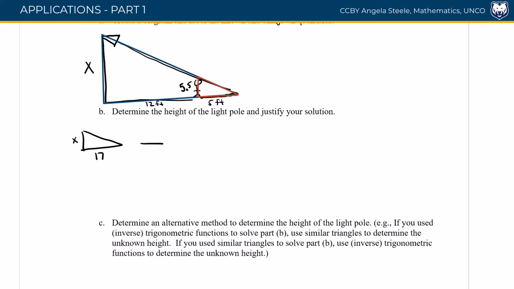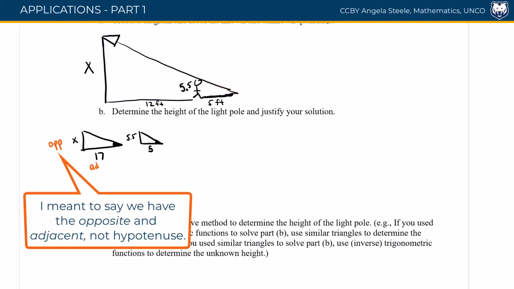And the smaller triangle, we have 5.5 for the height of the person, and then 5 feet for the shadow. One of the things that both triangles have in common is this angle down here.